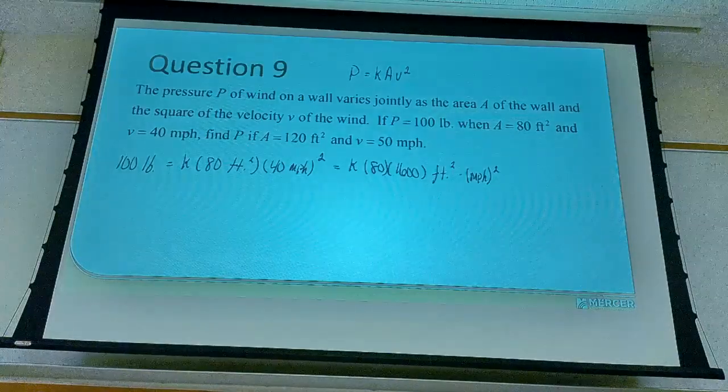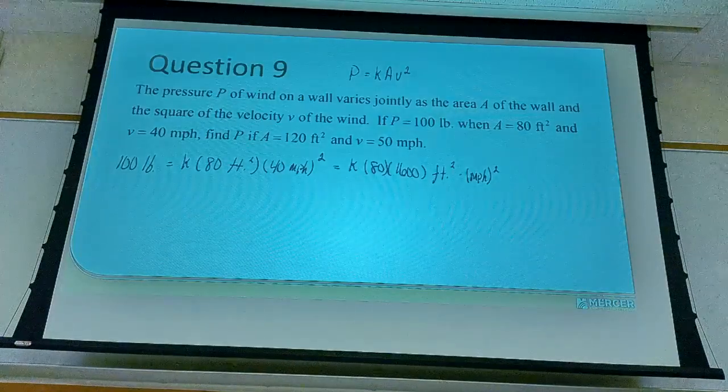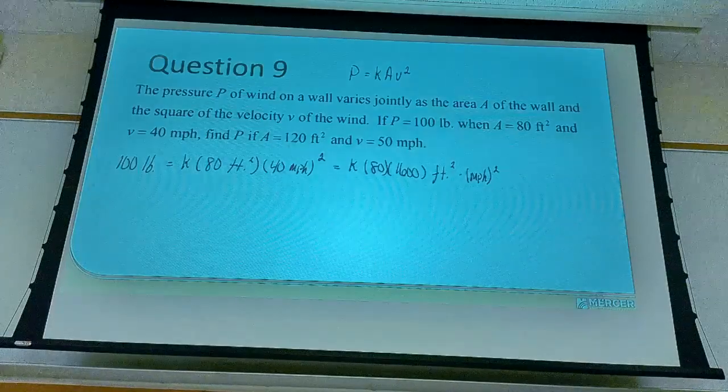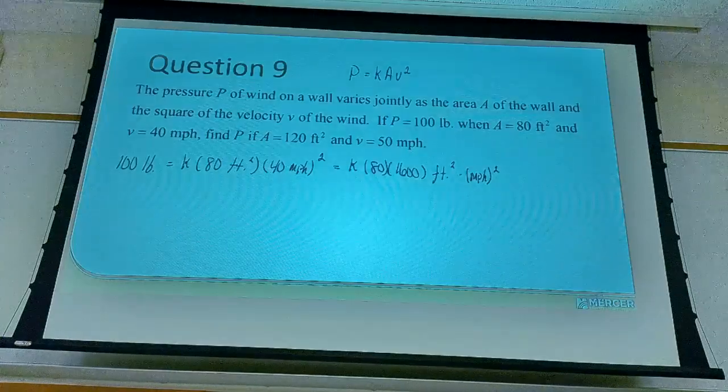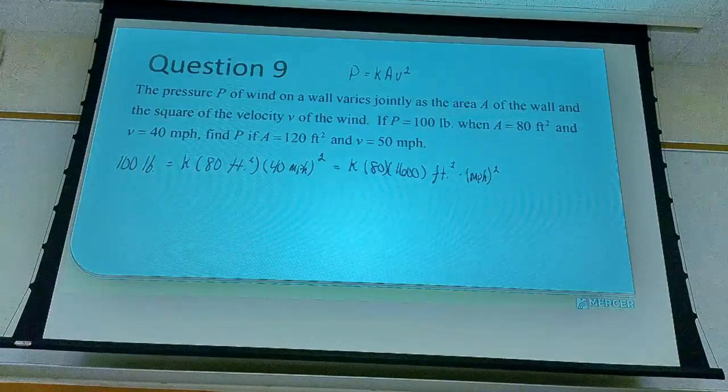What is 80 times 1600? Well, let's make it easier. 8 is 2 cubed, 16 is 2 to the 4th. So 2 cubed times 2 to the 4th is 2 to the 7th, which is what? 128?